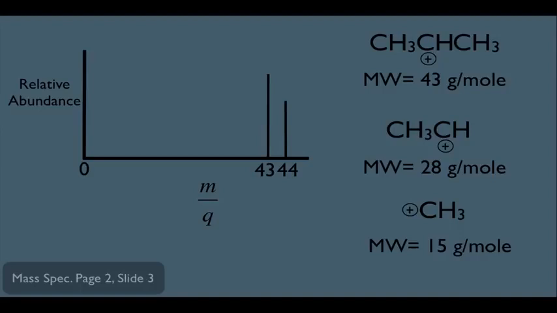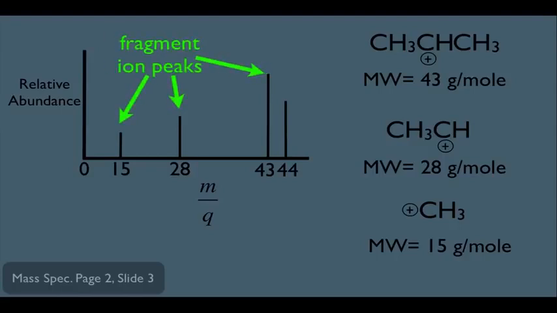And what about the second one there, the one that weighs 28 grams per mole? We should expect to see a peak at 28. And lastly, that methyl carbocation weighing 15, we should see a peak at 15 as well. So notice the data here is showing not only what's called the molecular ion peak, but it's also showing all the possible fragment peaks.